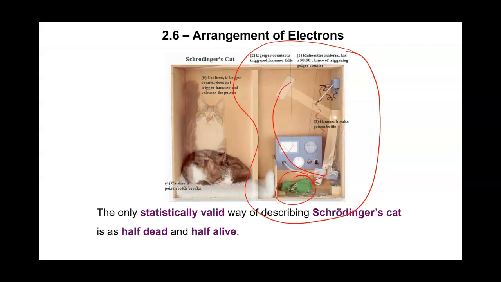Now, the radioactive material is chosen such that it releases a particle that will activate the Geiger counter on average about one every hour. So if we seal this whole thing up and put a lid on the box, we can't see what's inside, and we wait for 30 minutes, well then there's about a 50-50 chance that the Geiger counter went off, that the hammer dropped, and the cat died.